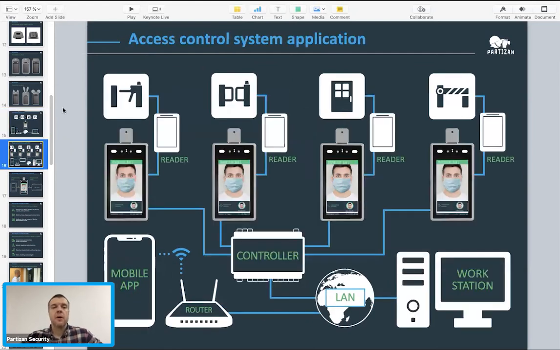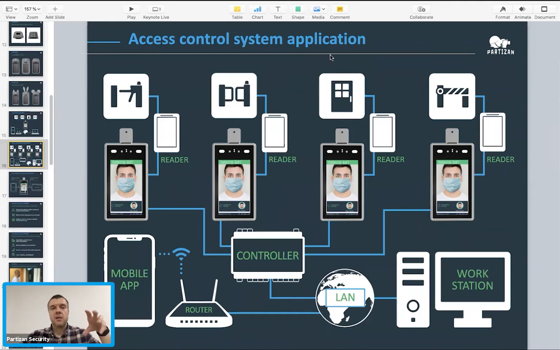Another scenario is to use this device as a part of the existing system. If you have an existing access control system, you will have some controllers and some readers, and most probably those controllers and readers support the Wiegand protocol, which is also supported by our devices. So in this case, you just make an additional point. You are not connecting readers with the controller like before, but you are connecting the reader to our device's Wiegand in and your controller to the Wiegand out.